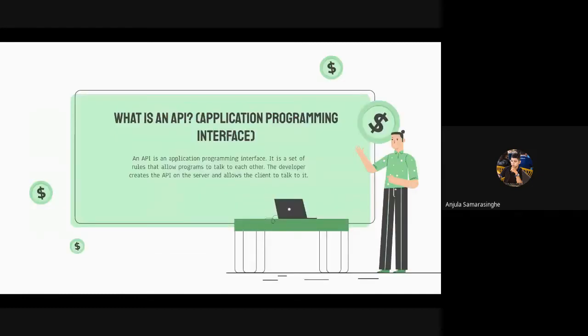So what is an API? Anyone knows what is an API? API stands for Application Programming Interface, which we use to get data from the backend and to communicate with the backend, and create a connection between the front end and the backend.